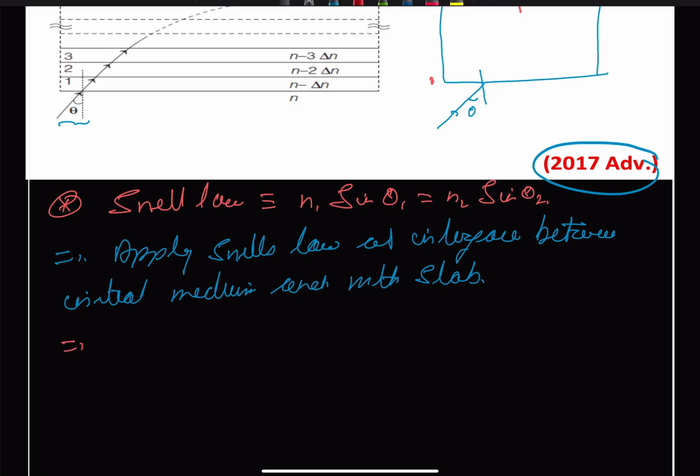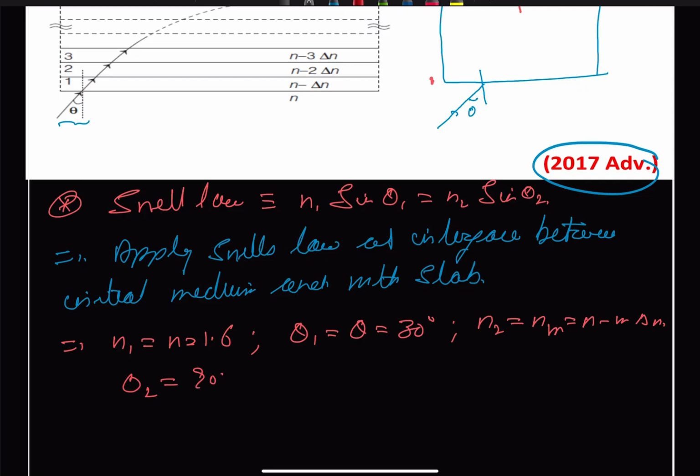So we are going to get that our n1 is equal to n, which is equal to 1.6, and theta 1, which is equal to theta, is equal to 30 degrees, and our n2 is the refractive index nm, which is given as n minus m multiplied by delta n, and our theta 2 will be equal to 90 degrees.